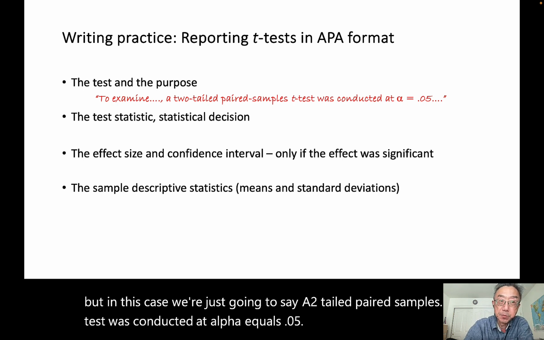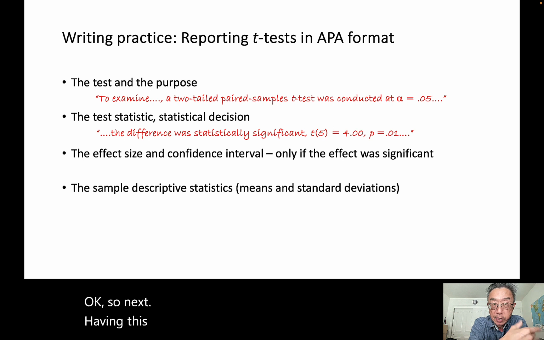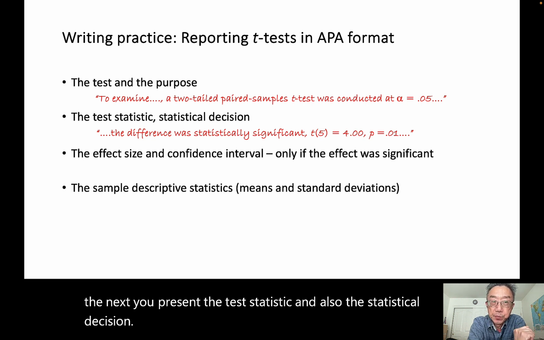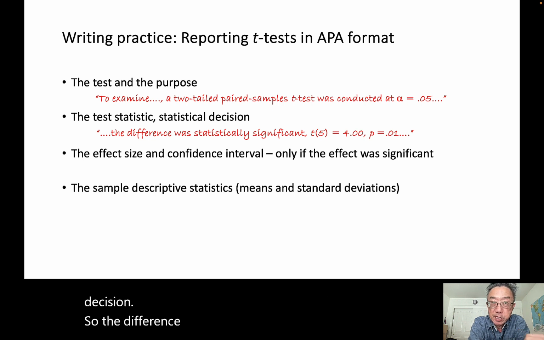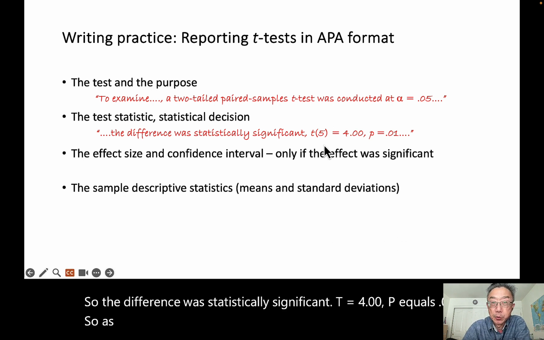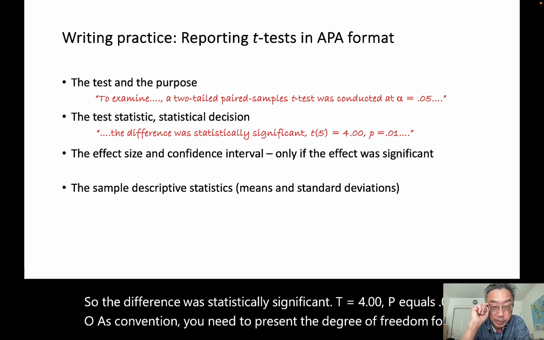Okay, so next, having presented what kind of test was conducted, you present the test statistic and also the statistical decision. So the difference was statistically significant, t equals 4.00, p equals 0.01. As a convention, you need to present the degrees of freedom for a t-test in parentheses.